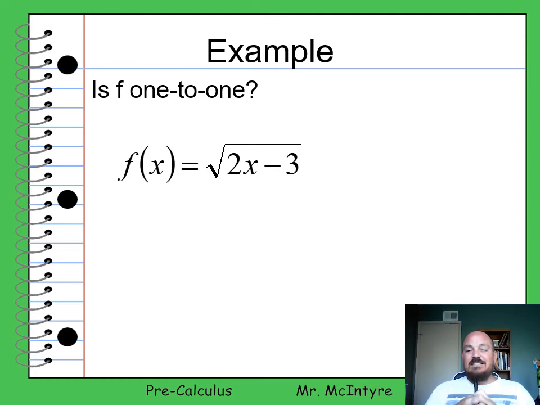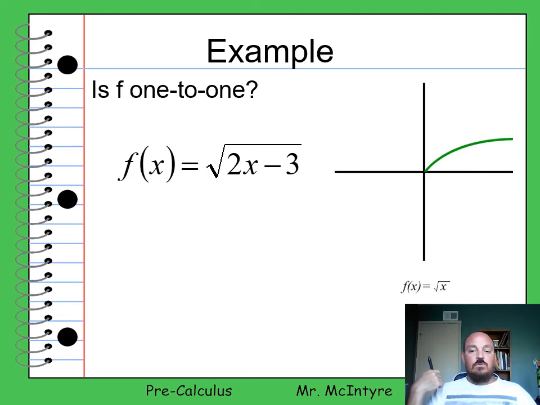I don't know exactly what that graph looks like, but I don't need to. I know this is the square root of x from our library of functions. First of all, let's just notice that one is one-to-one. I could draw in horizontal lines, and it's never going to cross it twice. So the square root of x is a one-to-one function and has an inverse.